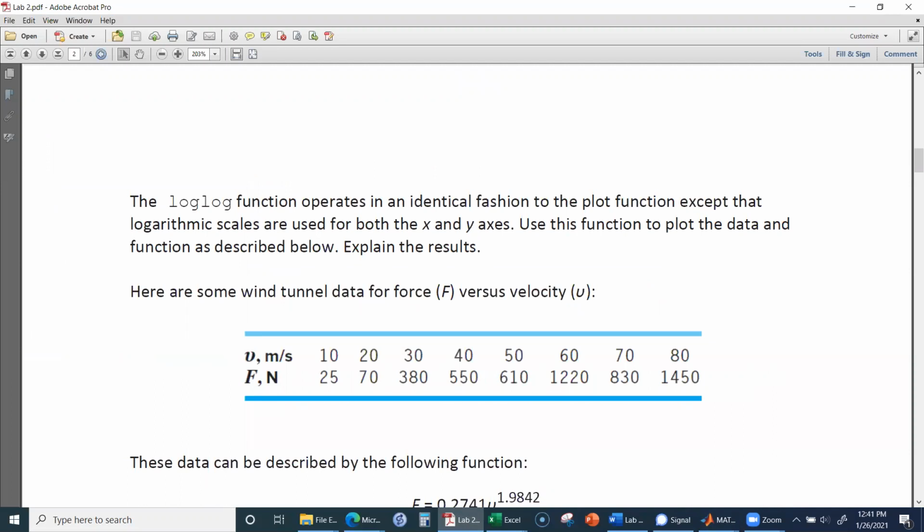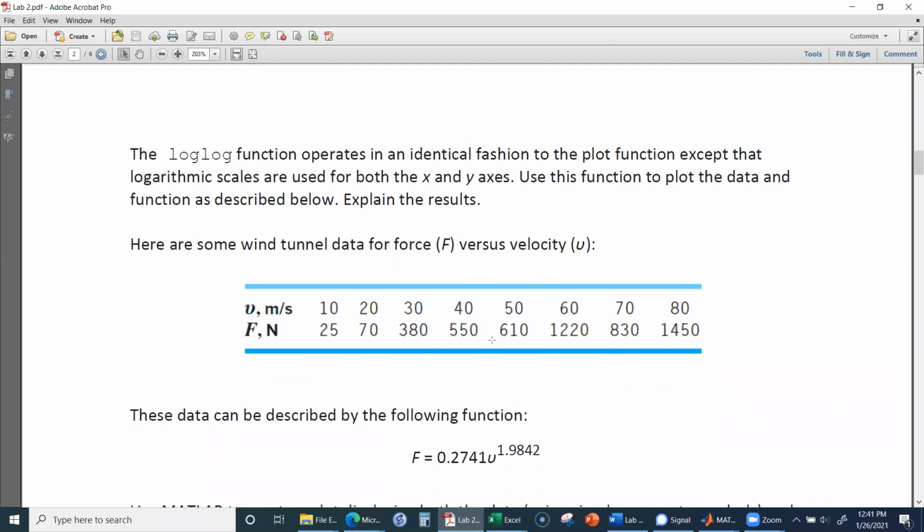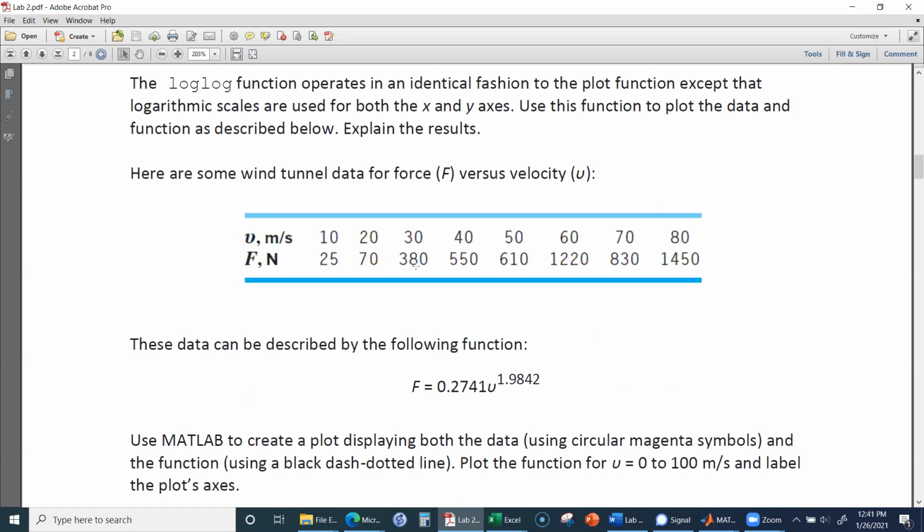The log function operates in an identical fashion to the plot function, except that the logarithmic scales are used for both x and y axis. So use this function to plot the data and function as described below. Explain the results. In this case, we are going to plot the data. Here are some of the wind tunnel data.